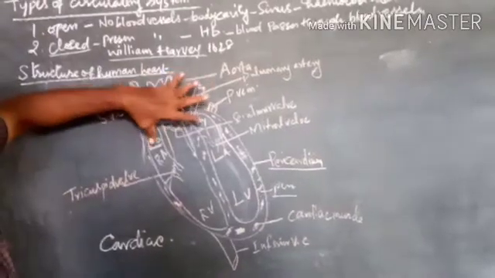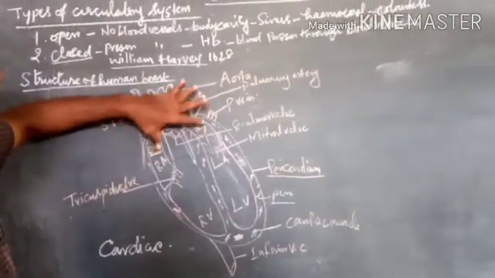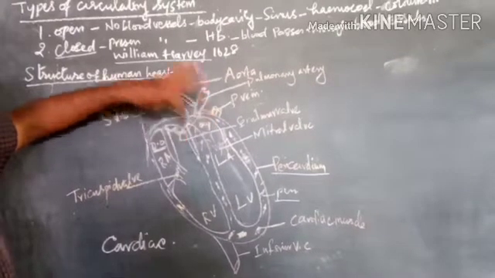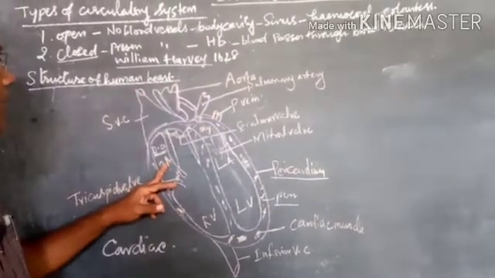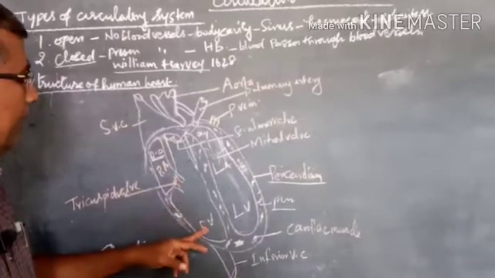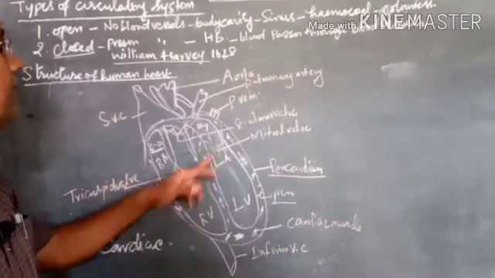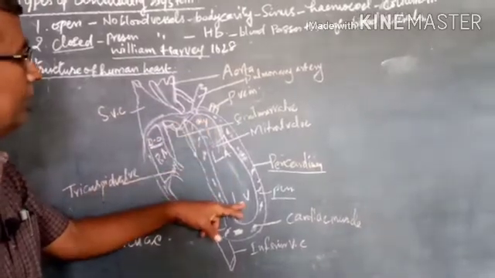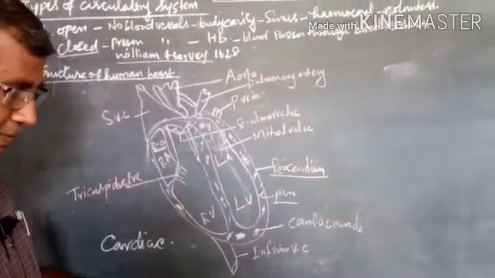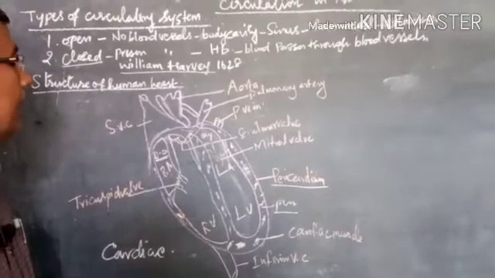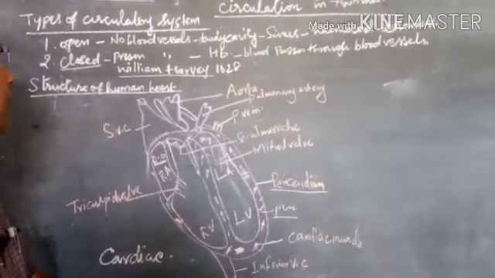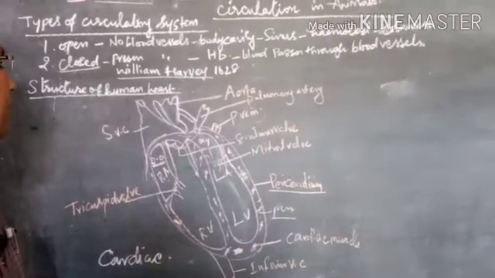Now the right auricle and left auricle contract. The right auricle pours the deoxygenated blood into the right ventricle, and at the same time the left auricle pours oxygenated blood into the left ventricle. There is no backflow of the blood because the valves are closed.